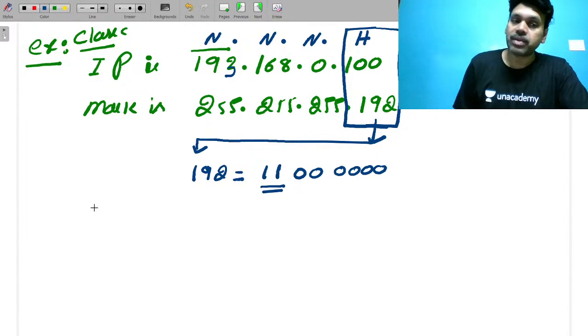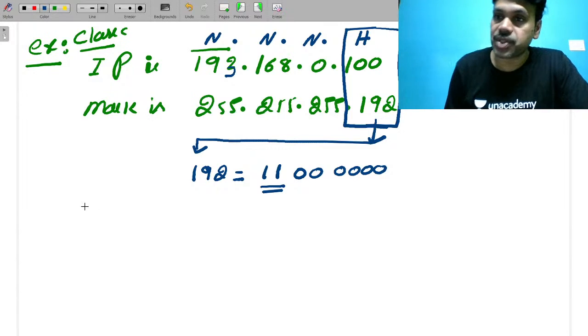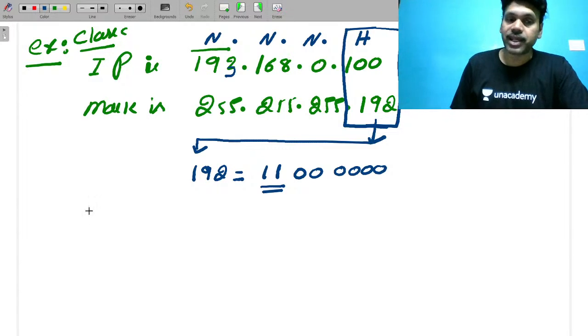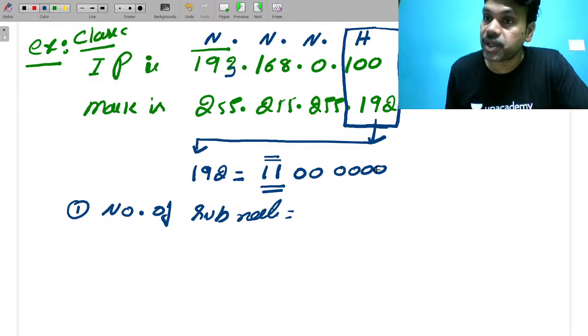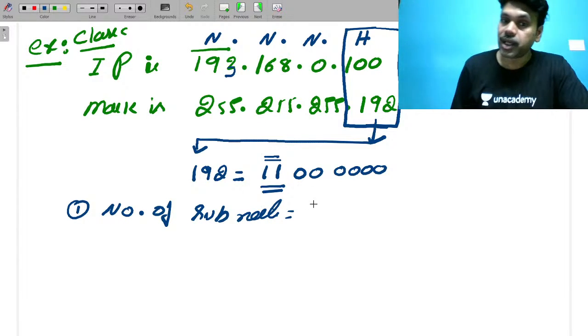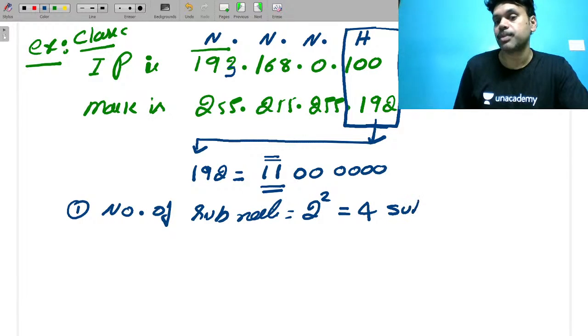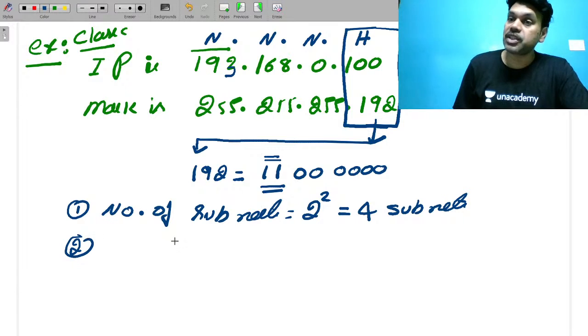Therefore, I can answer a few important questions. What are the questions I can answer? Question number 1: number of subnets. The number of subnets depends on the number of ones in the host ID mask. 2 ones are there, 2 power 2 is 4 subnets. And each subnet is divided into how many host IDs?